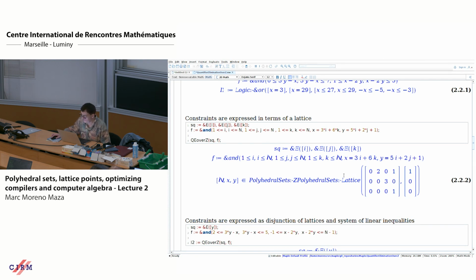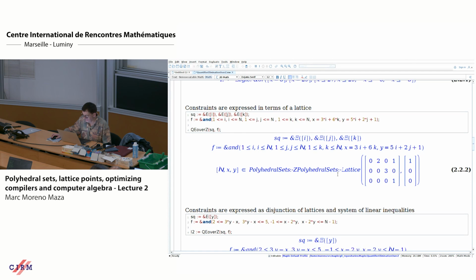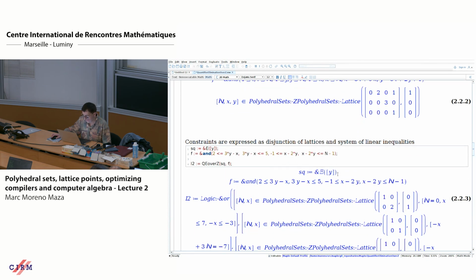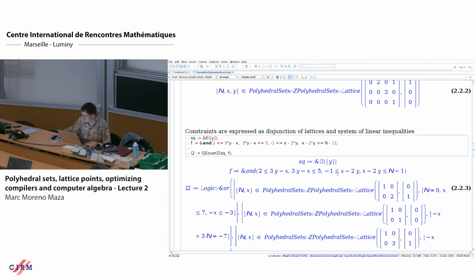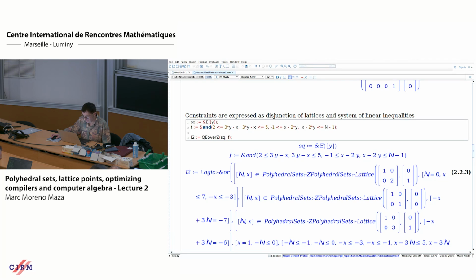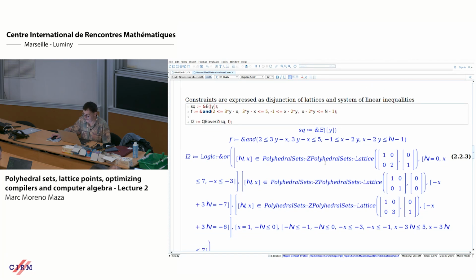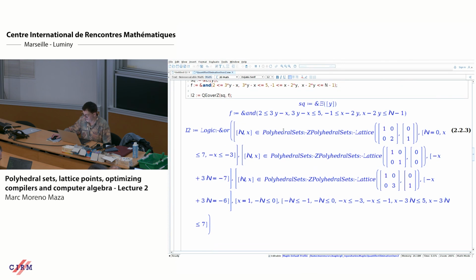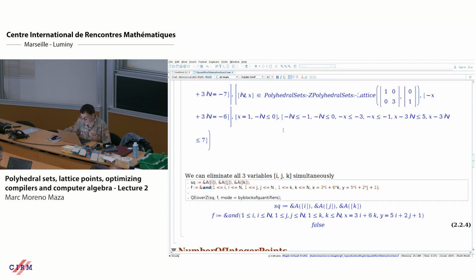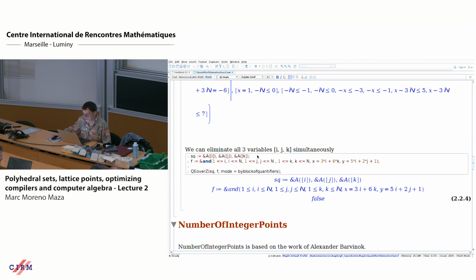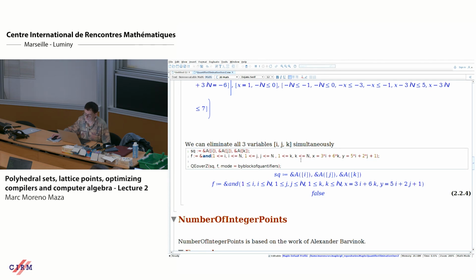No inequalities here. Here we have a mixture of lattices and inequalities. This is still for existential quantifiers. And finally, here we have an elimination of universal quantifiers. Okay, in this case, the formula is false.